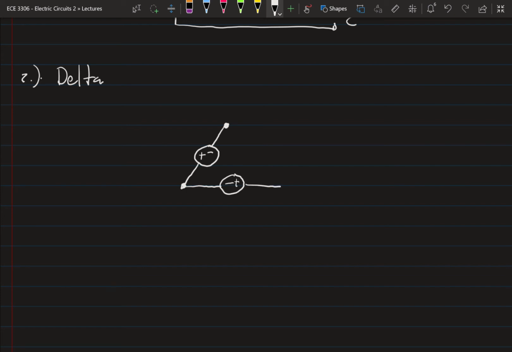Notice that they all line up from their minus to positive sides. Then we have our VA connected to VC, connected to VB, just like that. And we lay out the nodes based on the positive terminal that's connected.